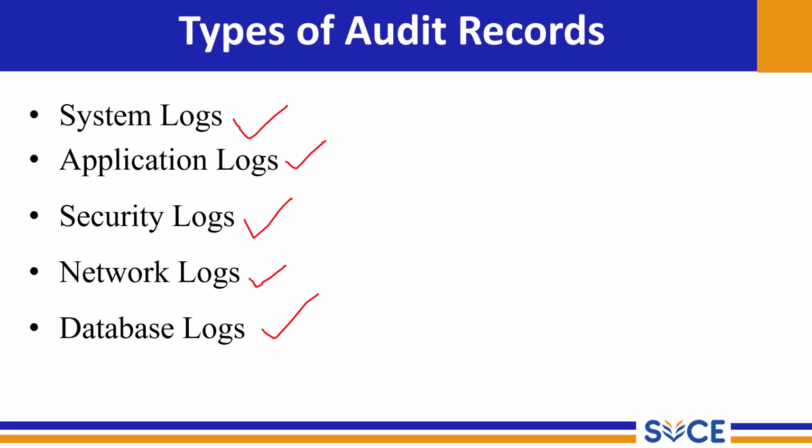User or system identification, which clearly identifies the actor, user, application, or system process responsible for the event. Action description, which gives the detail of what action was performed, and outcome, which indicates the success or failure of the action. Okay, so this all comes under the types of audit records.